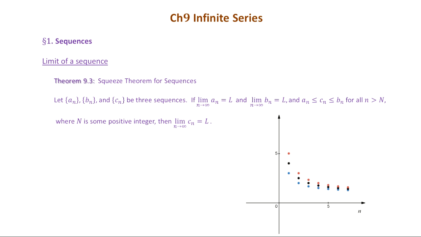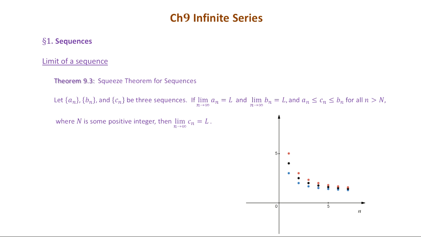Okay, we have a squeeze theorem for sequences as we did for functions. Everything is similar to Cal 1, except in this case we're talking about discrete sequences instead of continuous functions.